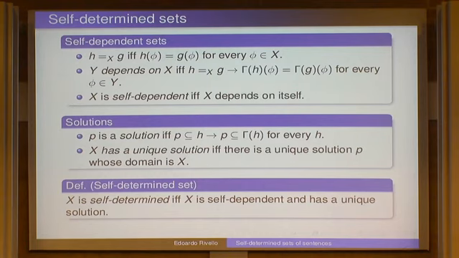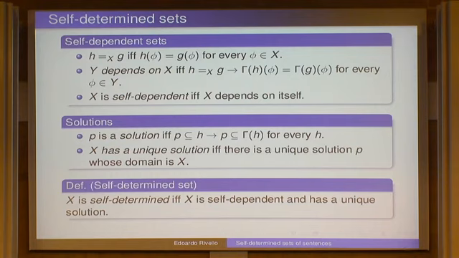In Leitgeb's paper, he wanted to capture sets which are self-determined but also grounded, so there are the minimal self-determined sets.